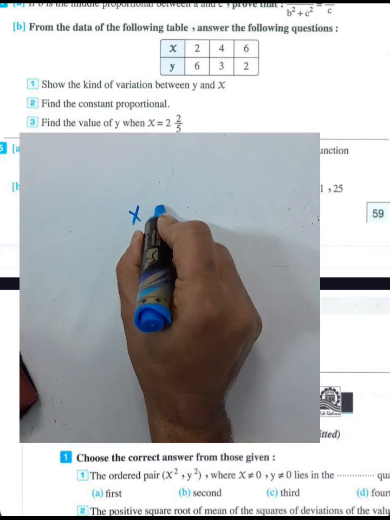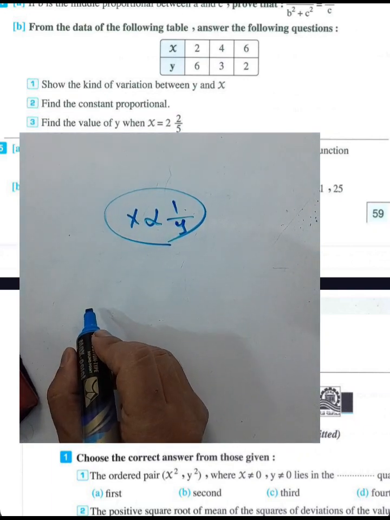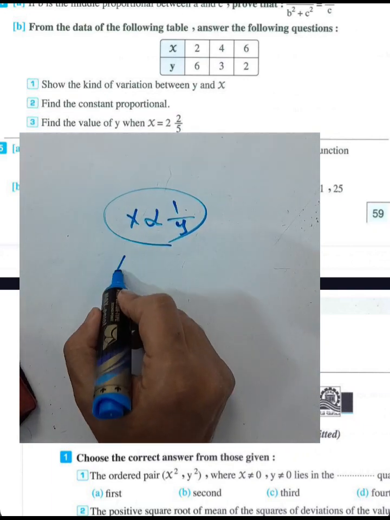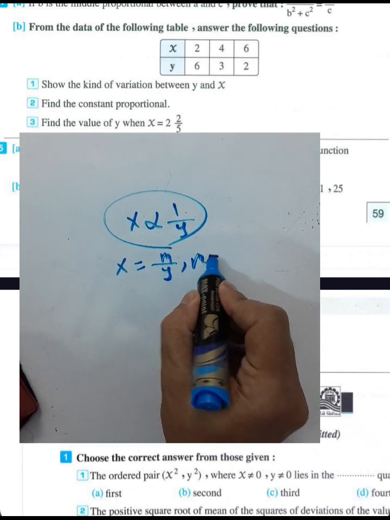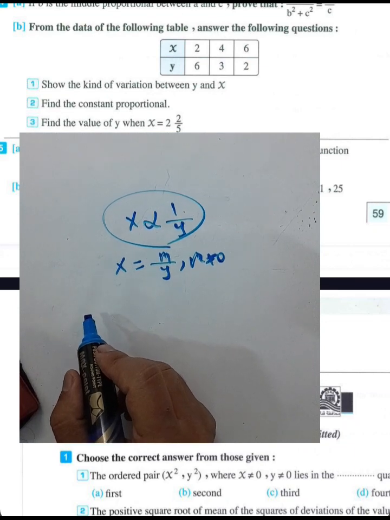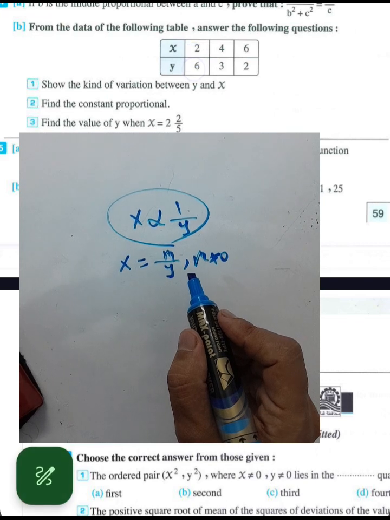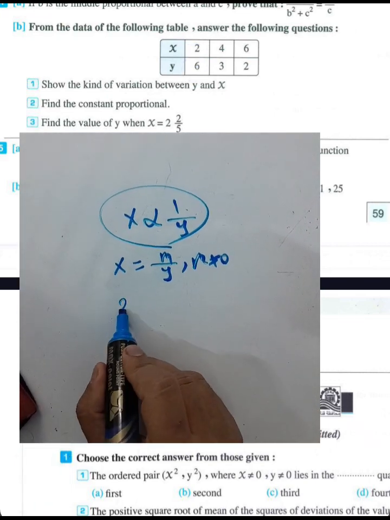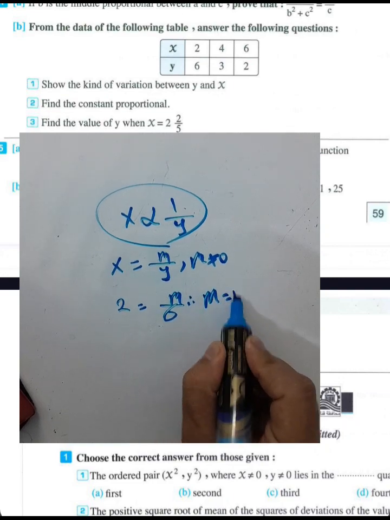X with y varies inversely. Okay, and then you can write x equals m over y, and m not equal 0. To find the constant here, he gives us in the table x equals 2 and y equals 6. 2 times 6 equals 12. Put x equal 2 and y equal 6 to find the constant. The constant here will be 12.